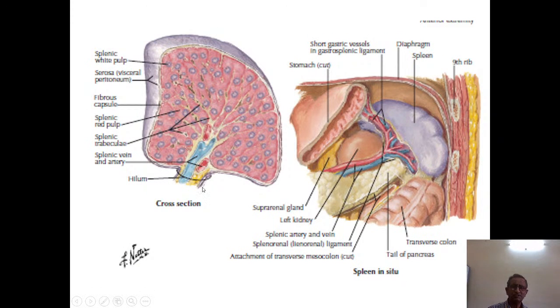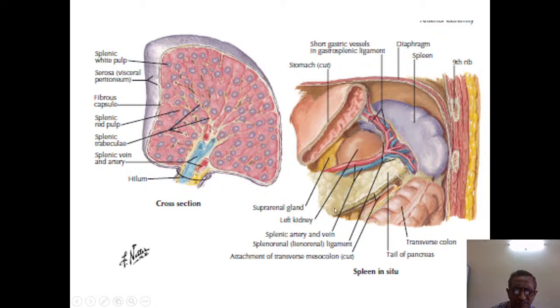Now inside the spleen we have the hilum, splenic trabeculae and fibrous capsule. The white and red pulp is not being shown here, but we are seeing the lienorenal ligament and the gastrosplenic ligament.